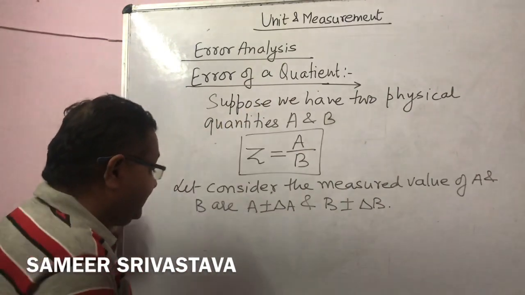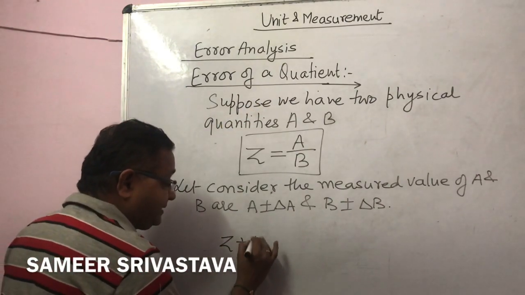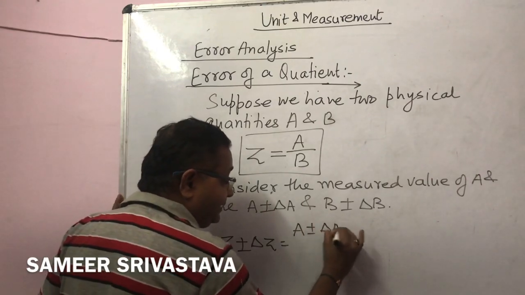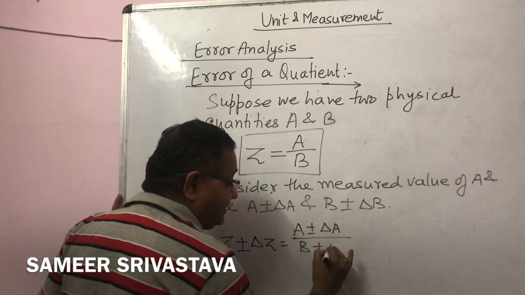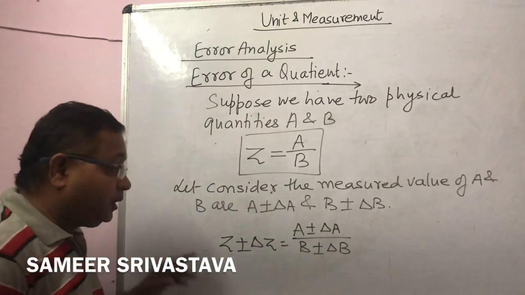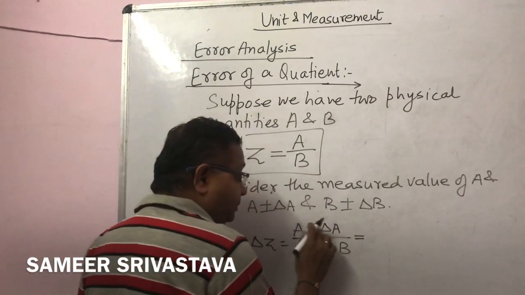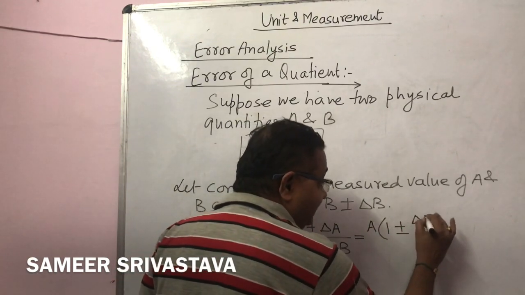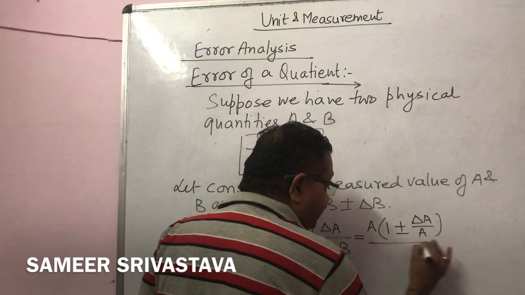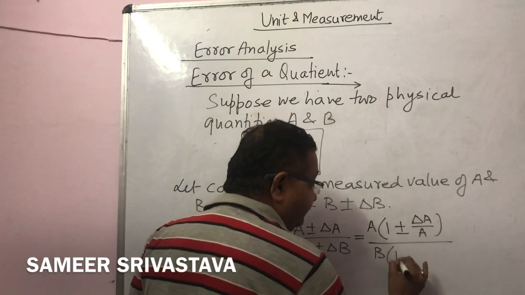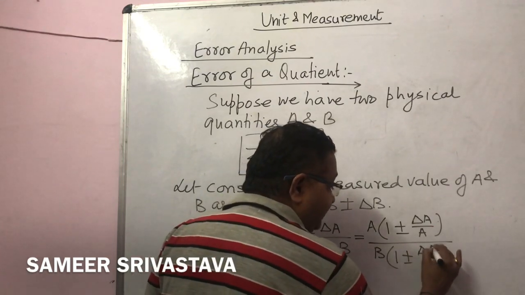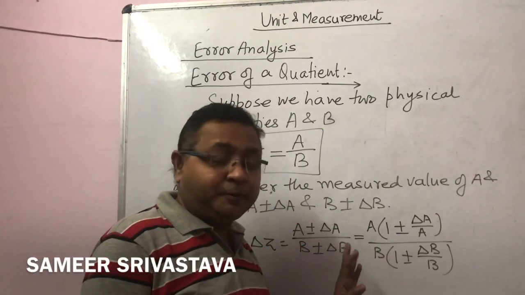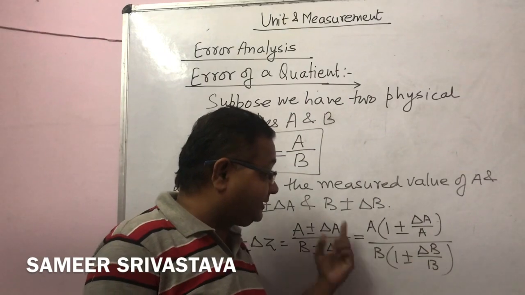We take this form as Z plus minus delta Z, which we can write as A plus minus delta A upon B plus minus delta B. Now if we take A common from the numerator, we can write 1 plus minus delta A upon A, and we take B common from the denominator, we write 1 plus minus delta B upon B.